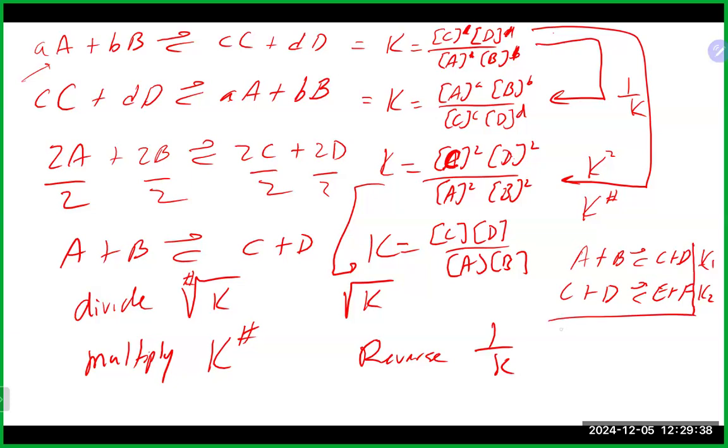If we add this together, again, we get A plus B goes to E plus F. If we wanted the K value of this, K would equal K1 times K2. So remember that if you add together multiple reversible or equilibrium reactions, you definitely multiply the K values together. You do not add them, so you want to multiply them together. Any questions on those manipulations there?